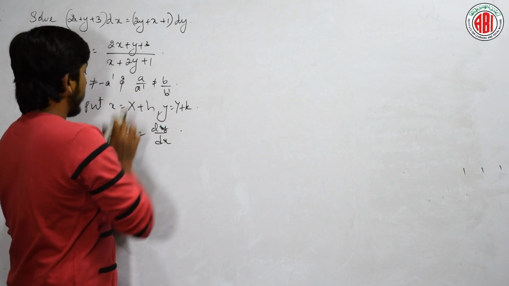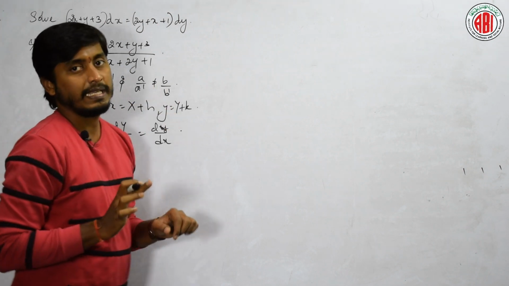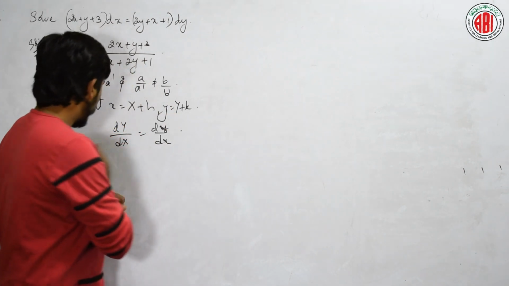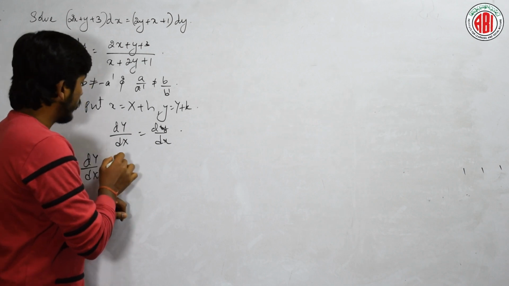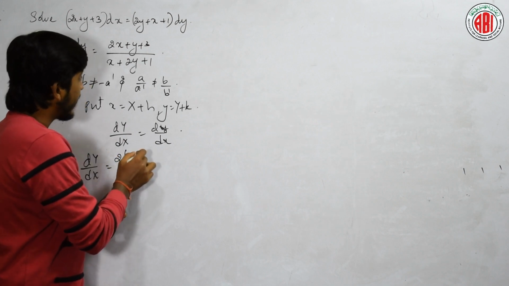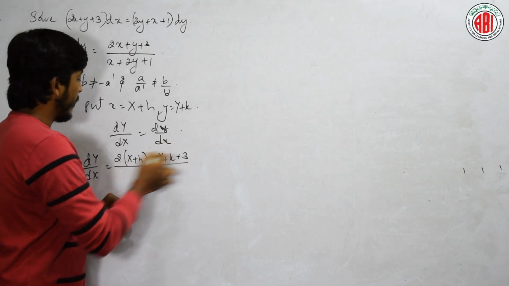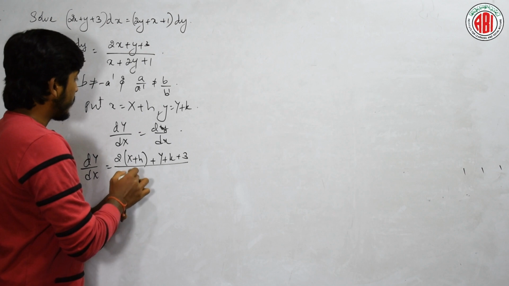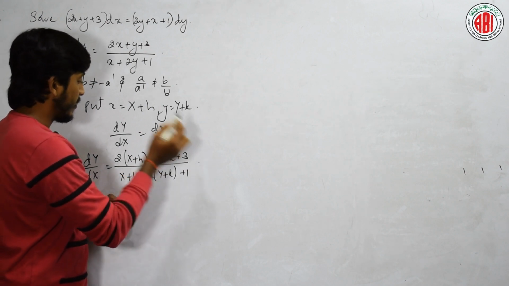Instead of all these x and y terms, let us substitute these. So dY by dX is equal to (2 into (X plus h) plus (Y plus k) plus 3) by ((X plus h) plus 2 into (Y plus k) plus 1).